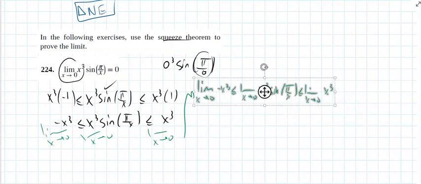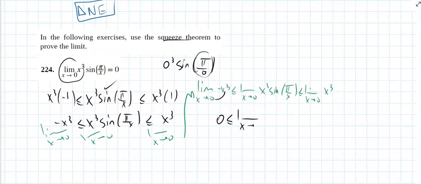And what do we know? We know that if you plug 0 in, that's 0. And if we plug 0 in, we get 0. Well, algebraically, what's the number that is bigger than or equal to 0 and less than or equal to 0?